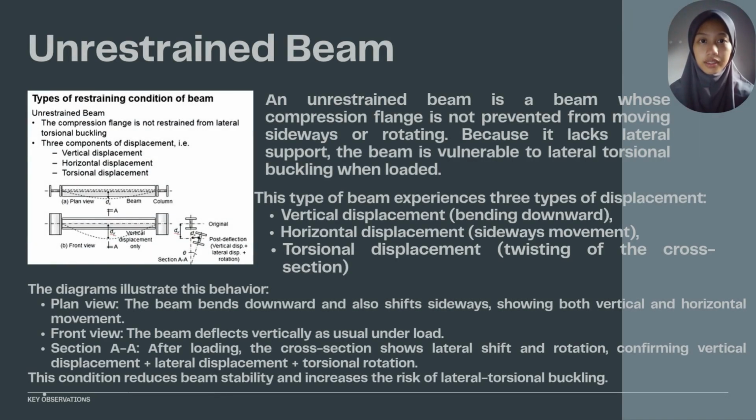Unrestrained beam. An unrestrained beam is a beam whose compression flange is not prevented from moving sideways or rotating because of its lack of lateral support, making the beam vulnerable to lateral torsional buckling when loaded.